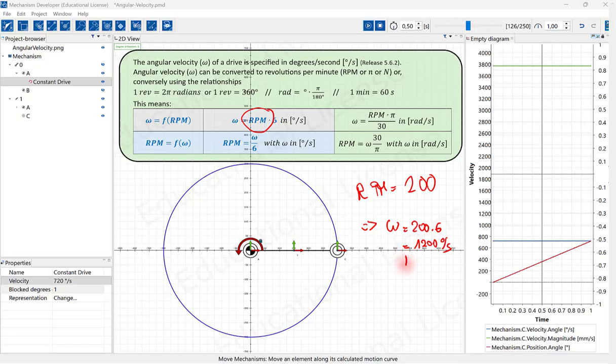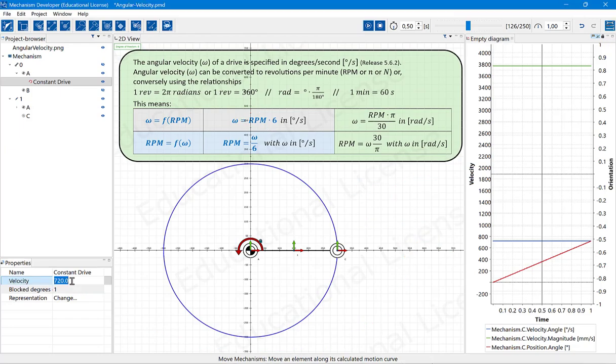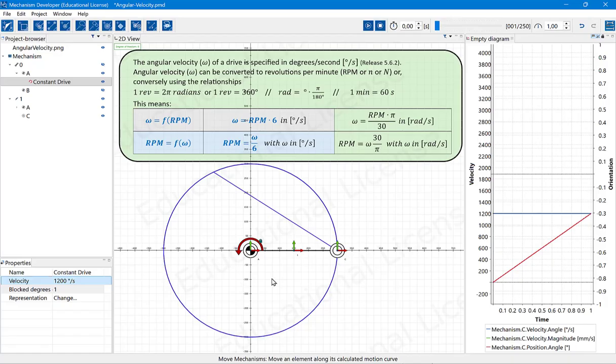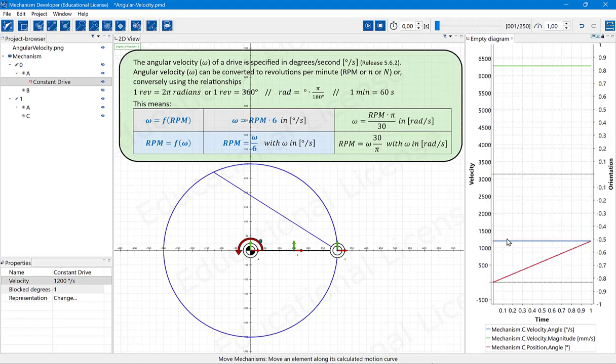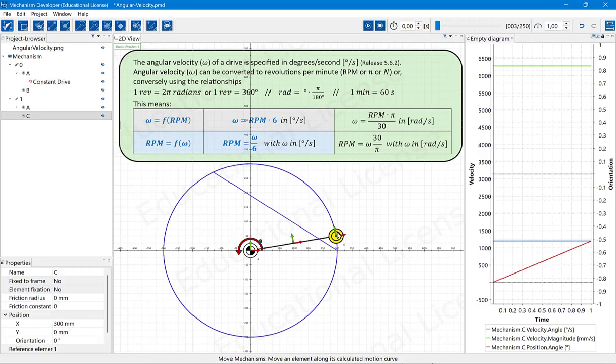So I have to write here, in this case, 1200 degrees per second. And well, here you see the angular velocity, the magnitude, and here's the angle. And if I choose this angle, you see here we have 1 revolution in only 0.3 seconds.